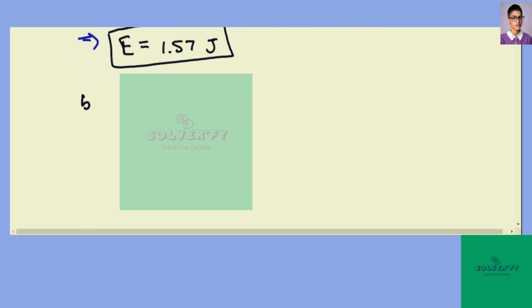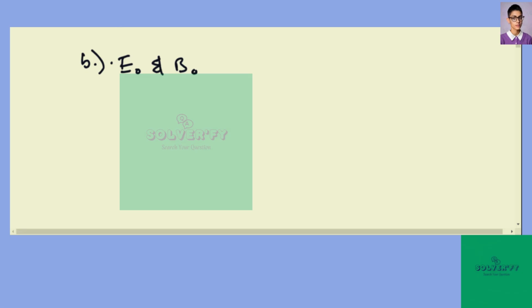Now part B wants us to find the electric field and the magnetic field. So let's look at the equation for average intensity, which is I is equal to 1/2 epsilon naught, permittivity of free space, which is a constant value, and the speed of light c times the electric field squared.